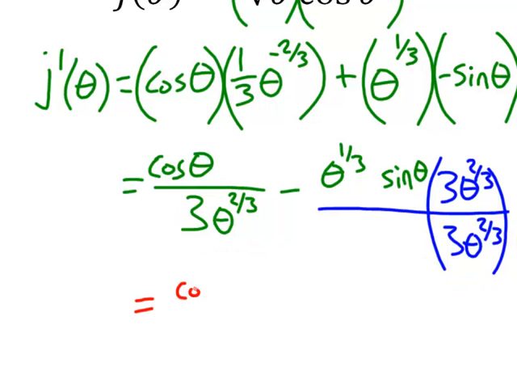And my numerator is simply going to be cosine of theta minus, and here let's combine. 3 theta to the 2/3 times theta to the 1/3 is going to give me just 3 theta. Pause if you need to, convince yourself of that. But that's just going to be 3 theta times, of course, that sine of theta there.